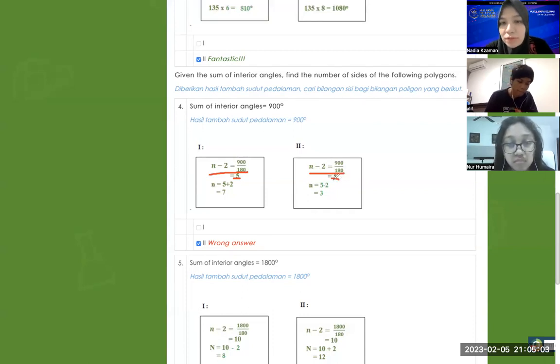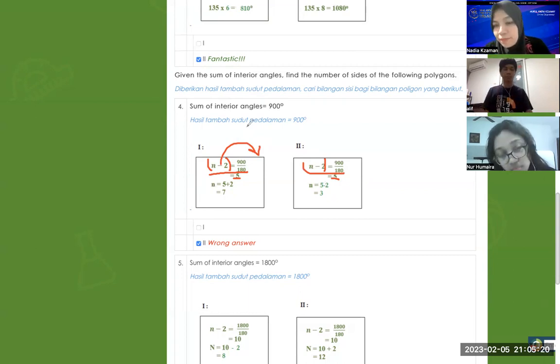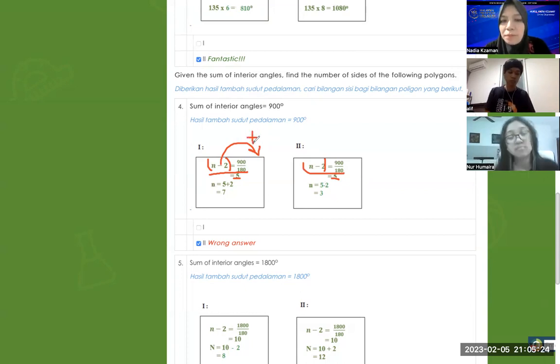The thing that you get wrong is that when you have n minus 2, you have to move this minus 2 to the other side. Remember, when you are moving negative to the other side, it becomes positive. So that's why the answer is 5 plus 2, which is 7.